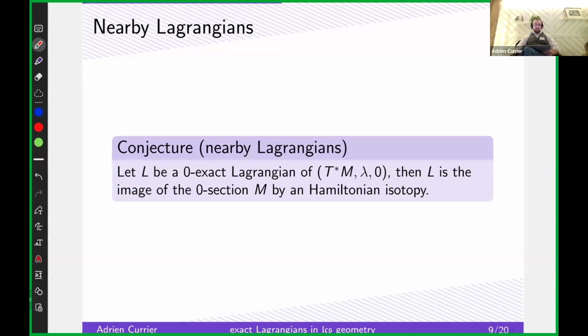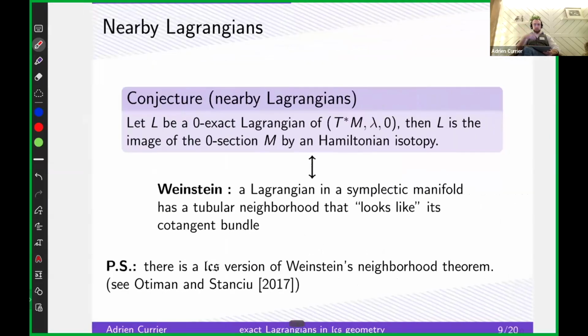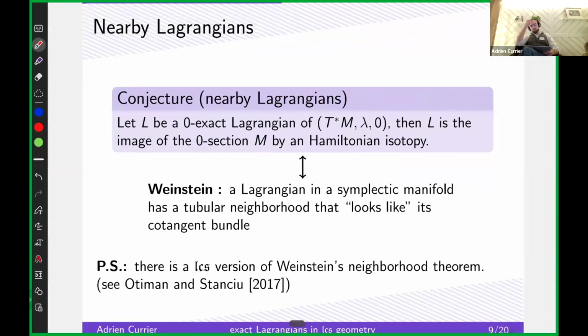If you take a zero exact Lagrangian, the nearby Lagrangian conjecture states that this Lagrangian is going to be the image of the zero section by a Hamiltonian isotopy. And in standard symplectic geometry, this is interesting because you have the Weinstein neighborhood theorem, and when you combine the two, this means that if you have two exact Lagrangians that are close to one another, then they are going to be Hamiltonian isotopic. This is really good for us in LCS geometry because we actually have the LCS version of the Weinstein neighborhood theorem.